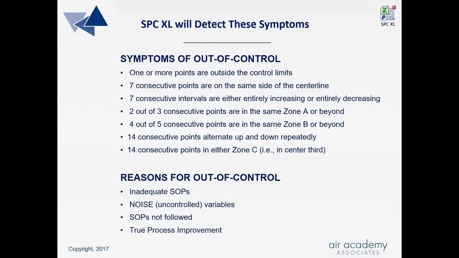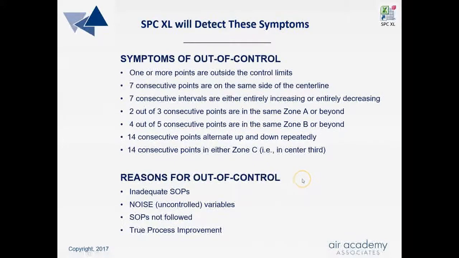SPC XL will then use these zones to help us detect certain symptoms that indicate out of control behavior. Now, we are not going to go over these right now because I'm going to give you a graphical example of each of these 7, but I do want to point out the various reasons for out of control behavior. First, let me just mention the term out of control.